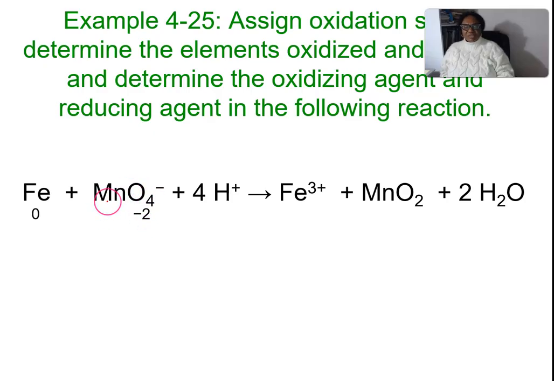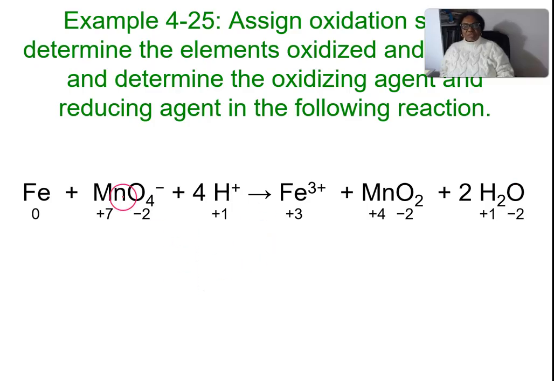Therefore, the oxidation state of manganese should be +7. The oxidation state of a cation is just +1. In the product side, the oxidation state of iron is +3. Here, the oxidation state is -2, and we have 2 of them, so this should be +4. Here, the oxidation state is -2, and that of hydrogen is +1.